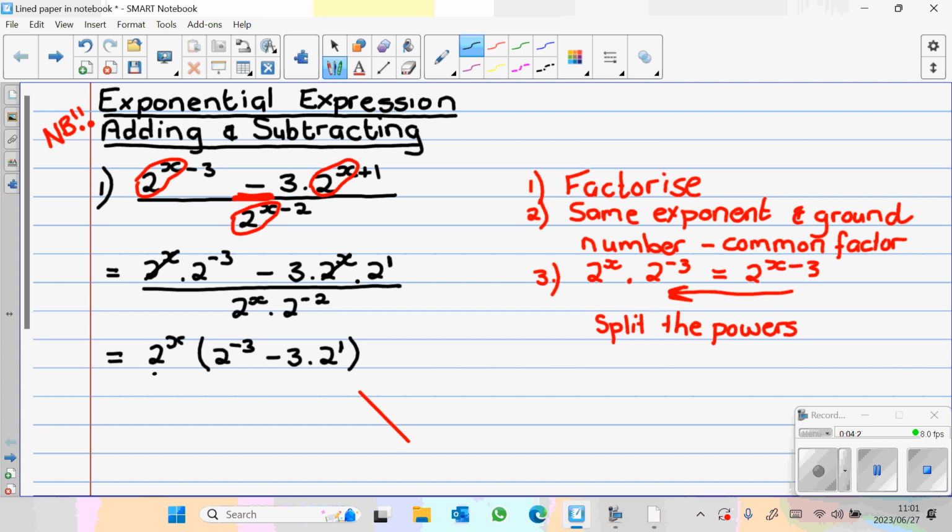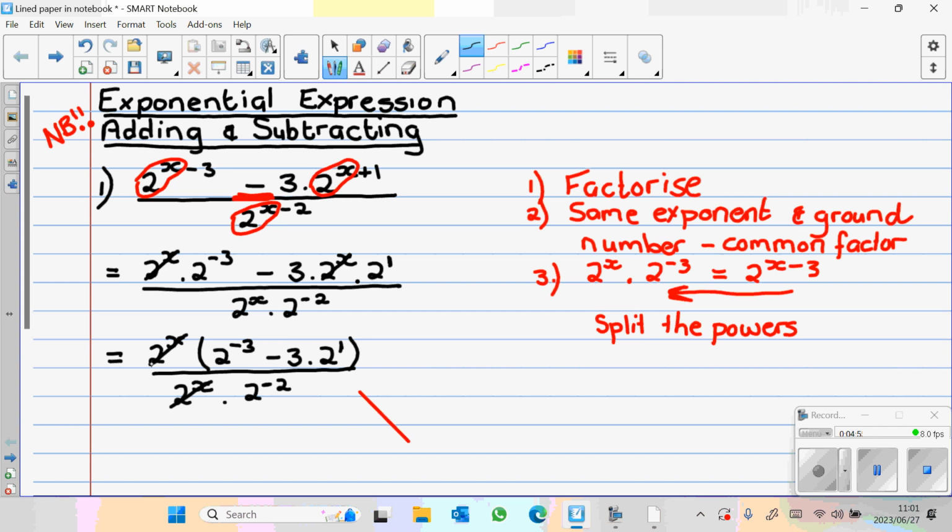Then I still have 2 to the power minus 3 minus 3 times 2 to the power of 1, because that one and that one was moved to the front. And underneath, I have 2 to the power of x times 2 to the power of minus 2. Now, what I do is I cancel this 2 to the power x at the top and the bottom, and all I'm left with is real numbers with powers. And that you can work out on your calculator.